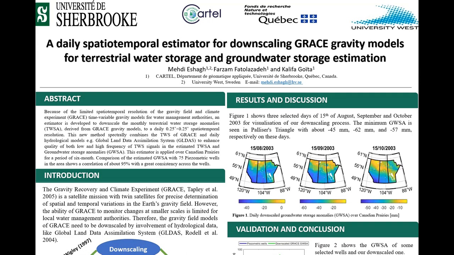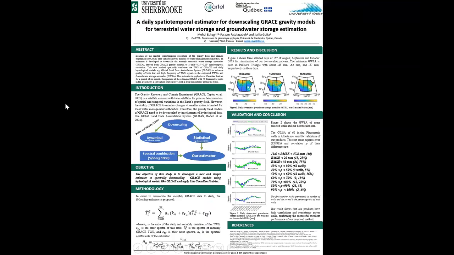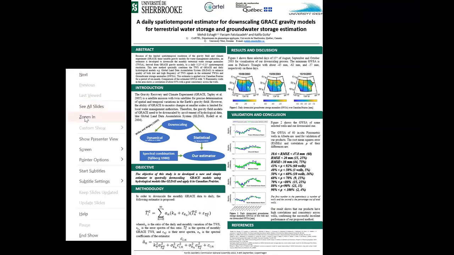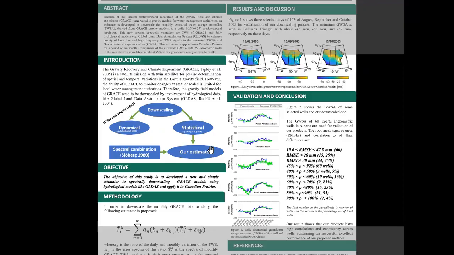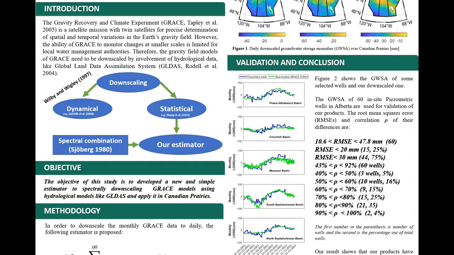So then, as you will observe here, let's zoom the other side of this. The estimator that we want to present here is a statistical type. But generally, downscaling is done in such a way that the average of the monthly data is preserved.